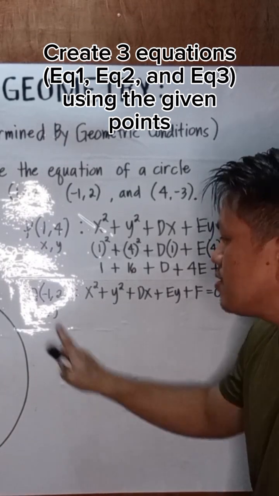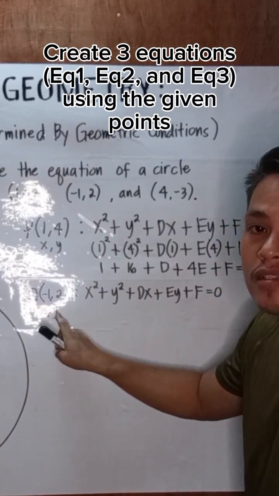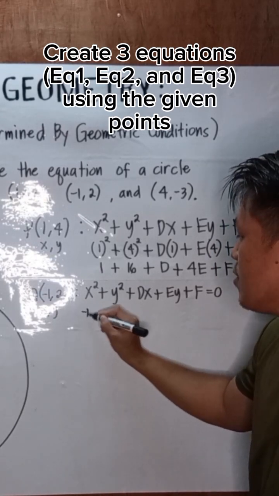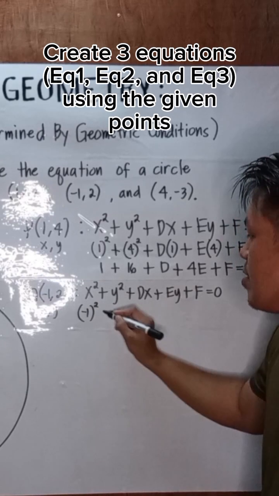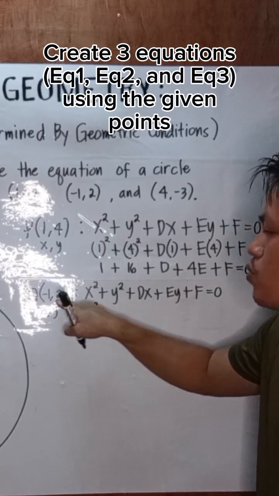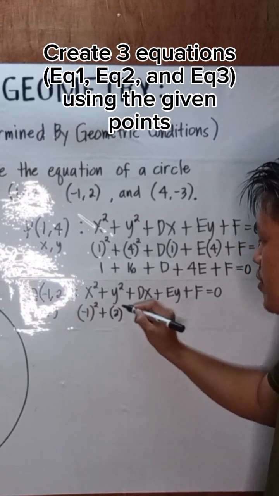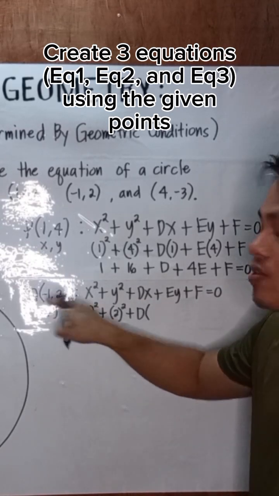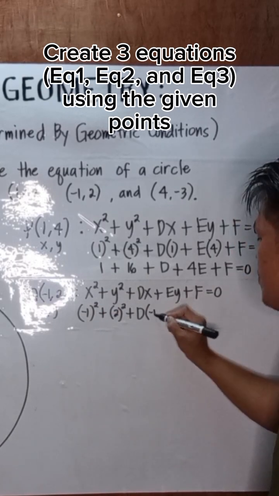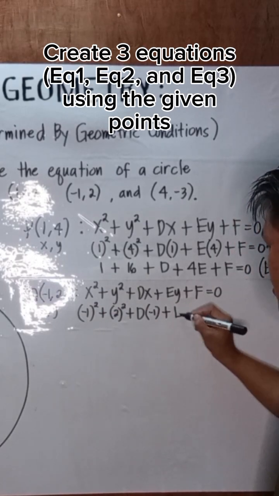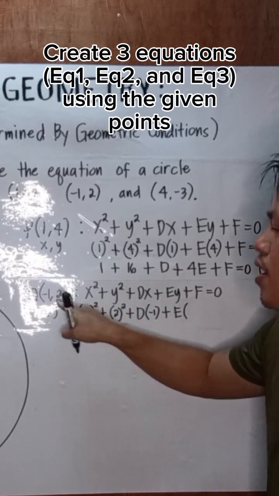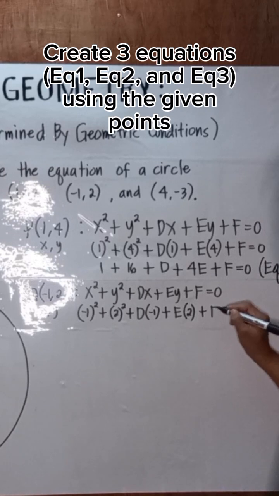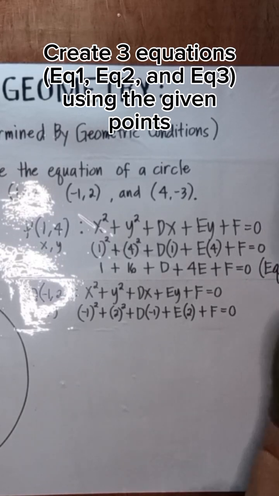And then, saka natin isubstitute yung values ng x and y. Ito ay x squared, so that is negative 1 squared, plus, ang y natin is 2, 2 squared plus d times the value of x, which is negative 1, plus e times the value of y, which is 2, and then plus f is equal to 0.